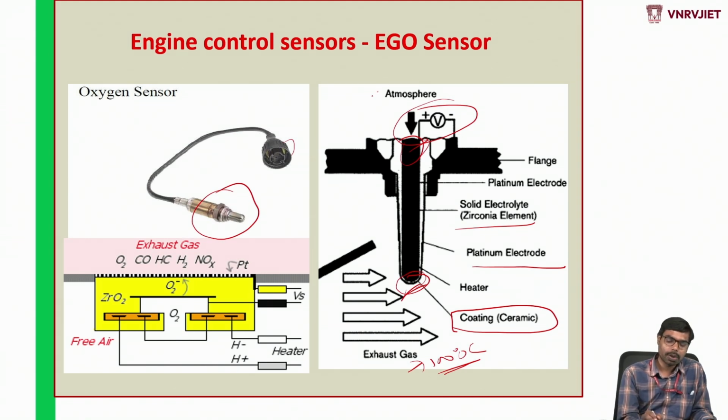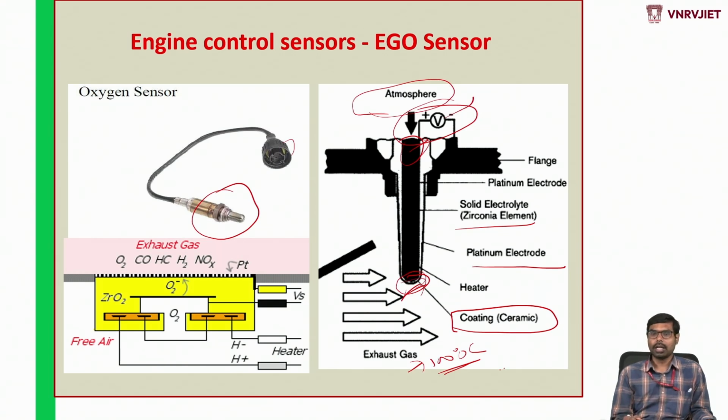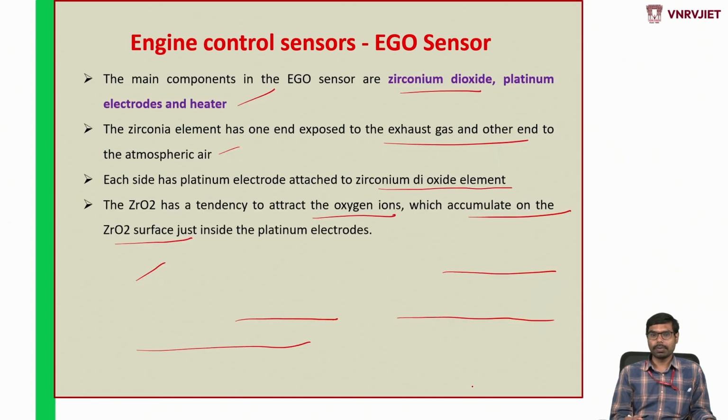That's why you can see the atmospheric side becomes more negative compared to this side. Due to this polarity difference, the voltage is created. If more voltage is created, you can understand that it's a rich mixture. If no voltage is generated, meaning you do not observe a polarity difference, it is a lean mixture. You need to understand that from this point.